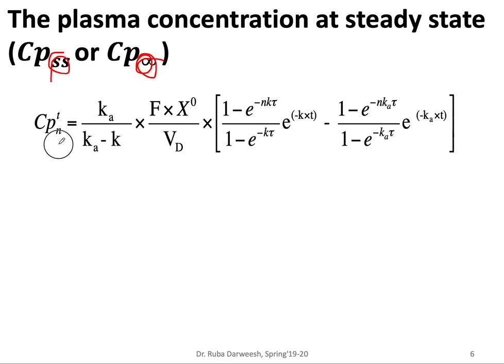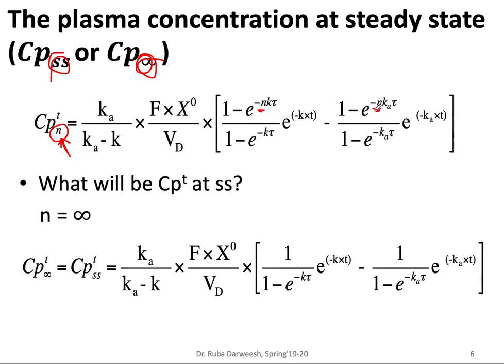According to the definition, if we are talking about steady state, then I need to have n as infinity, right? So we need to change this and this in the two dosing ratios to infinity. When we do that, this will be 1 and this will be 1. So this will be the equation of the concentration at a certain time, whatsoever the time, at steady state.